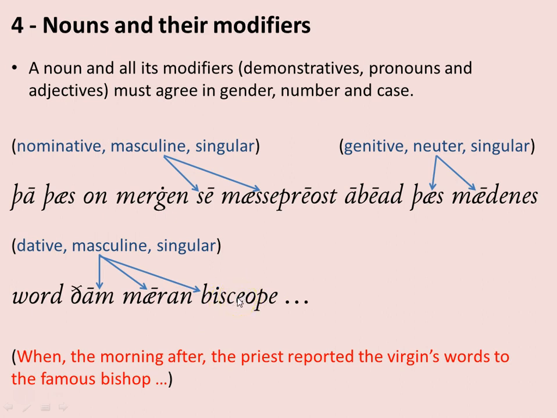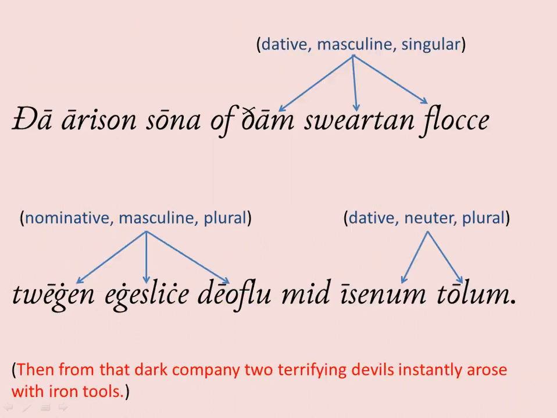And the adjective too is caught up, as we saw earlier at the beginning of the video. It must have the same case, number and gender. Notice both those have the masculine here, both these have the neuter here, and all three of these have the masculine. Alright, next bit.